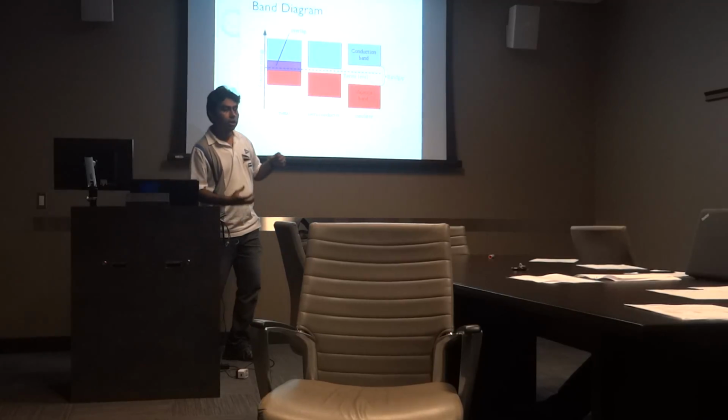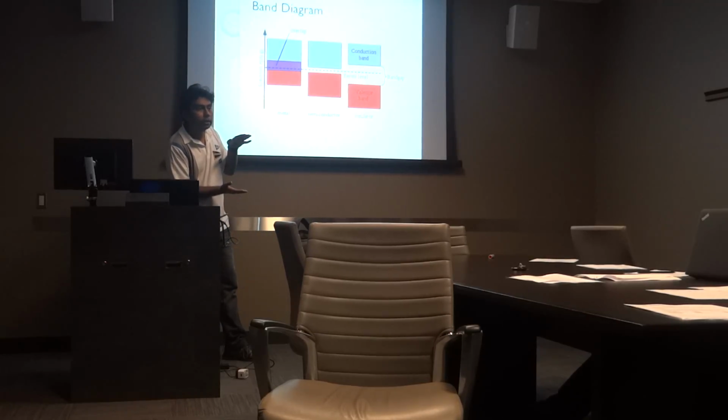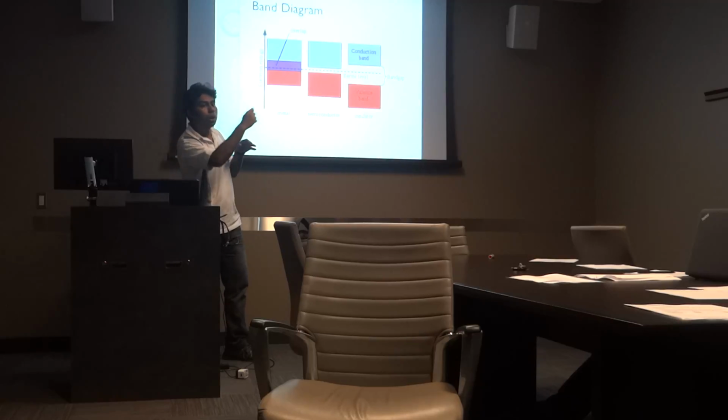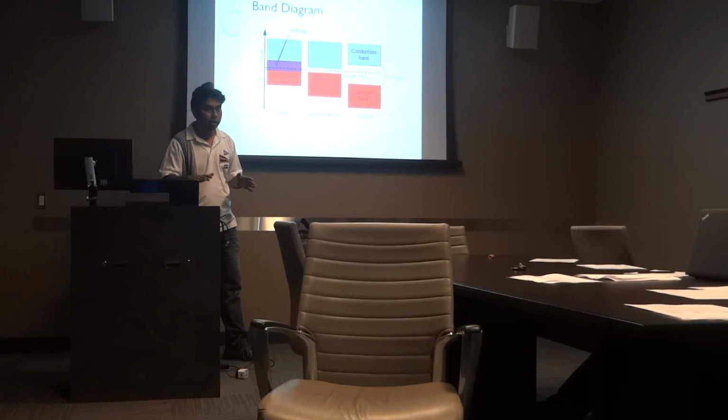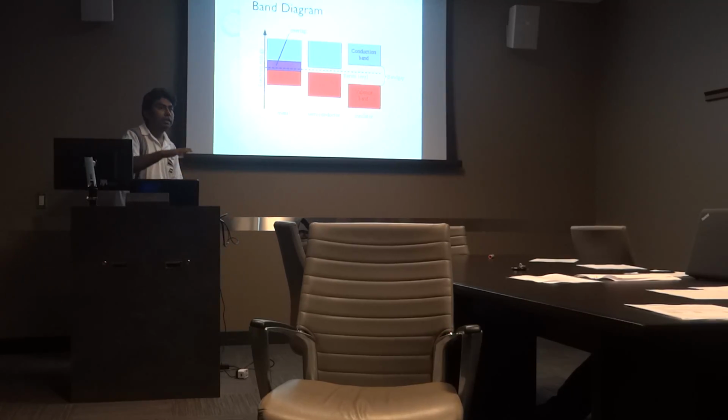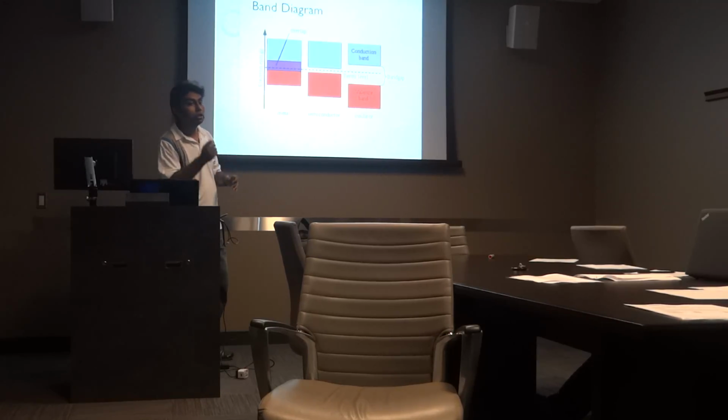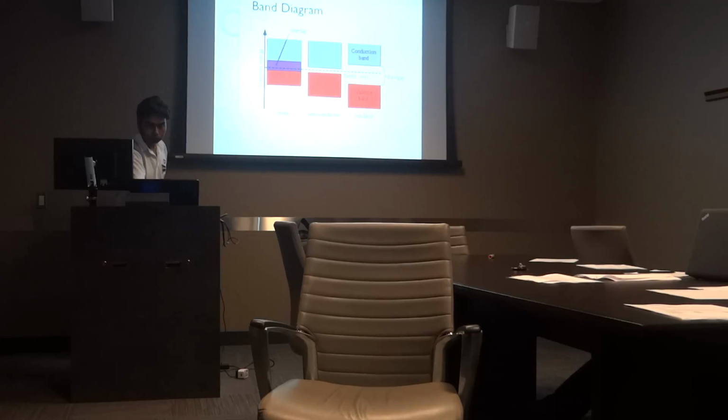In the insulator, the band gap is so high that the electron cannot go up to the conduction band, so you cannot get any current. That's why this is called insulator, no current. And the semiconductor has a moderate band gap, so you can engineer that band gap and use that material for different applications. That's what we are going to do for the LED and lasers.